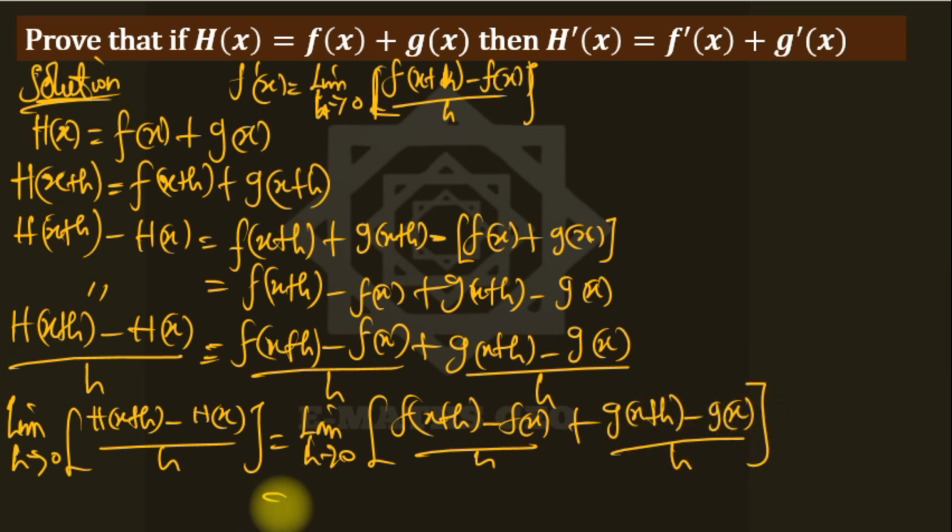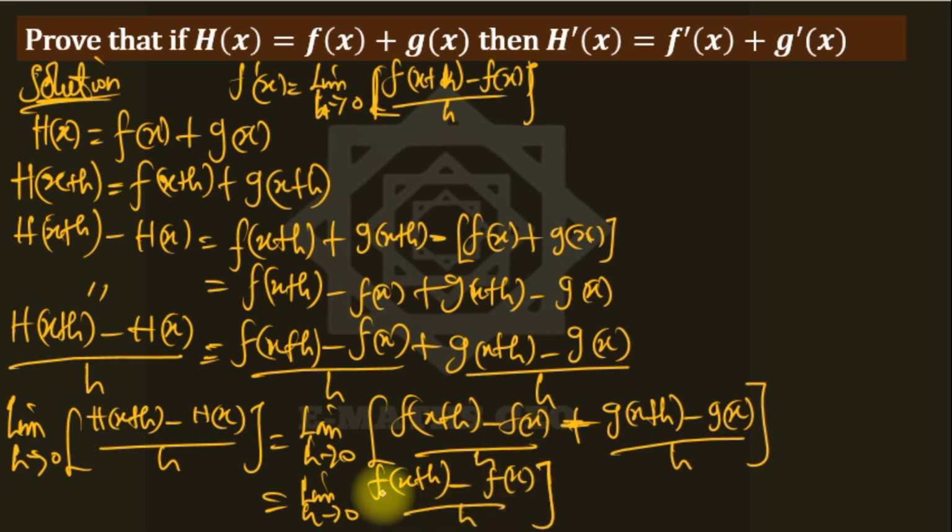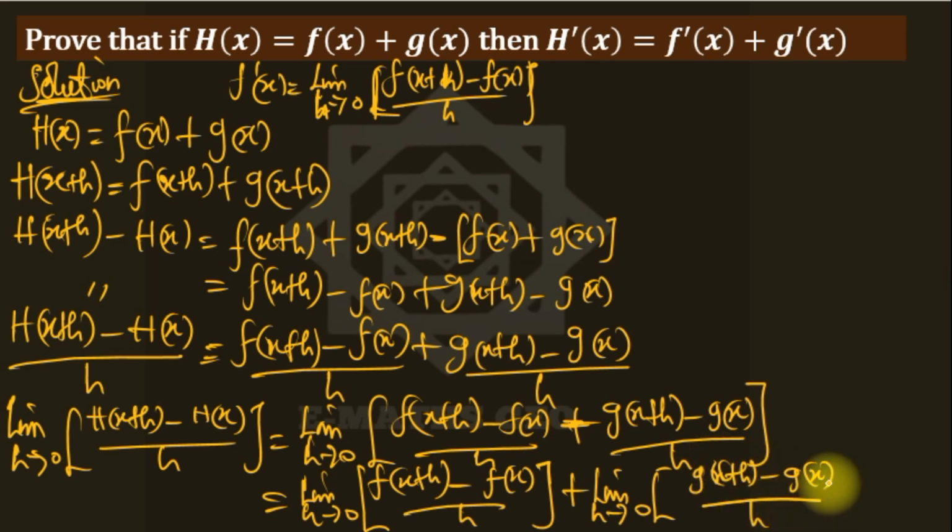And we know that the limit of a sum is the sum of their limits, so we'll get them individually. That's for this one over h. And for the second one, the limit as h tends to 0 of g of x plus h minus g of x over h. So what do you have to say? We've arrived at the answer.